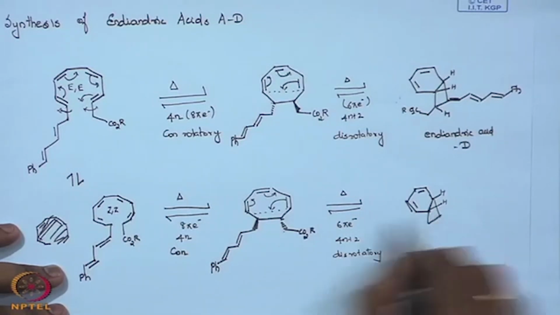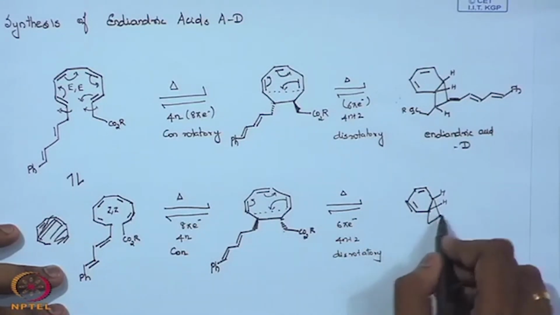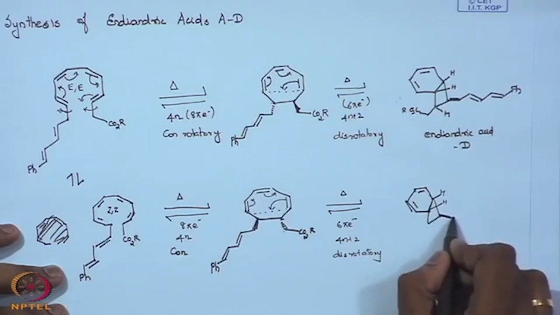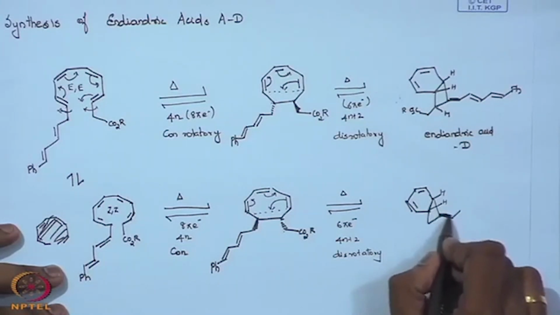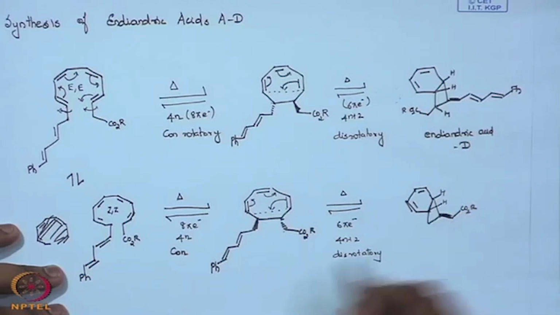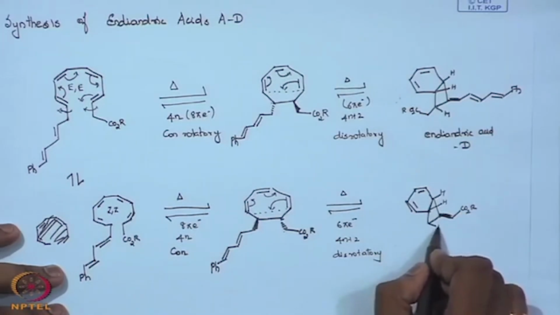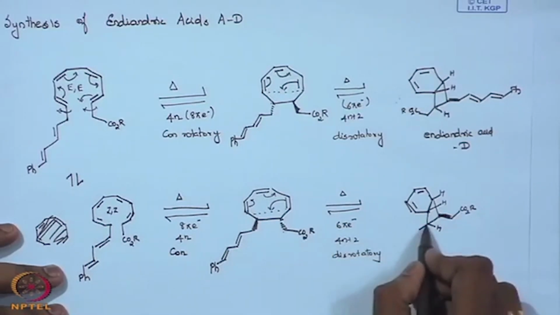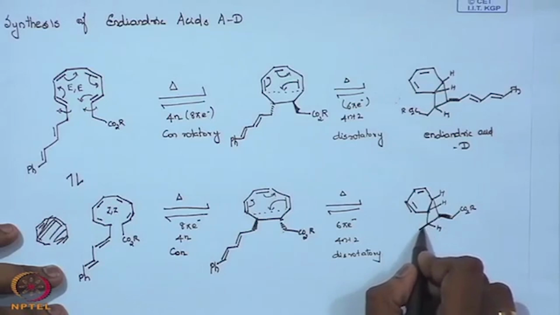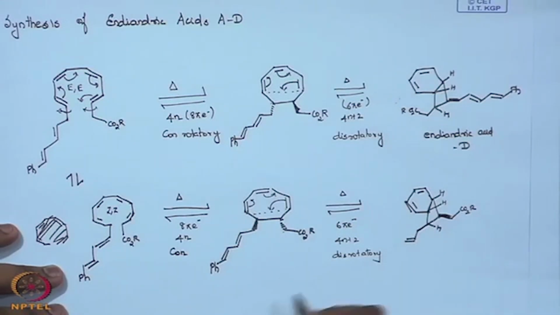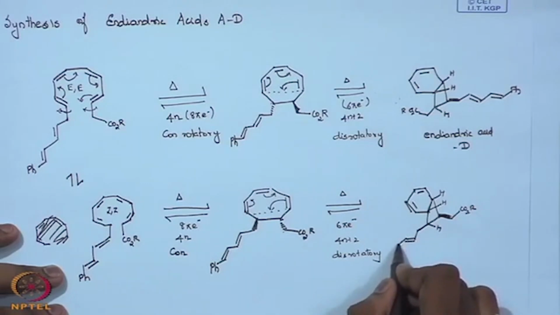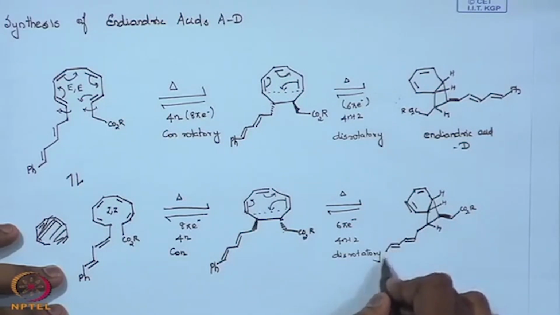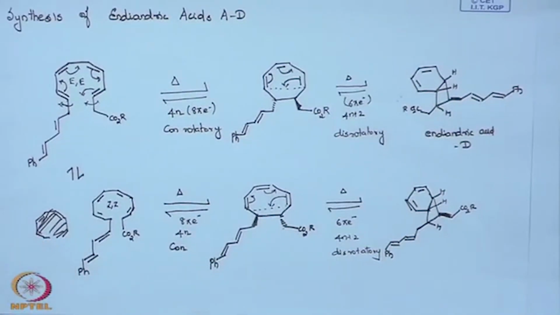So now what will happen, because you will have a CO2R, right? So it should change because it's a disrotatory. So you will have this CO2R and you will have your hydrogen here and you have the other face of it. Okay. Then you have a double bond. Then you have a double bond. Okay, you will have a phenyl. Clear?